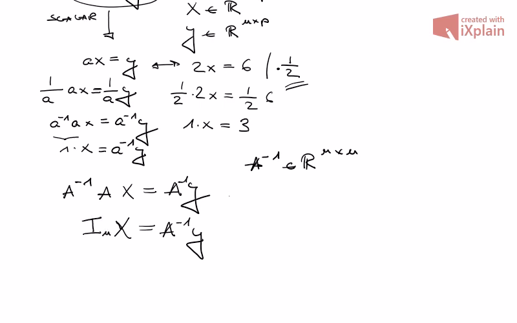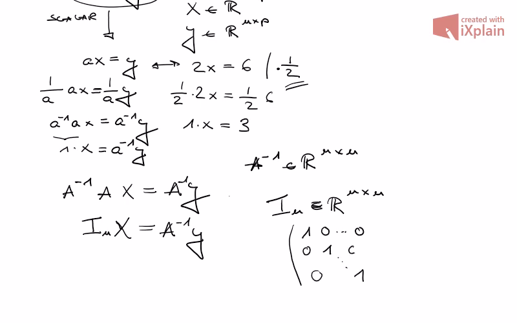So the identity matrix I_n is the matrix that is square, so it's n times n, and it's essentially defined by the property that it only has ones on the diagonal and zeros everywhere else.